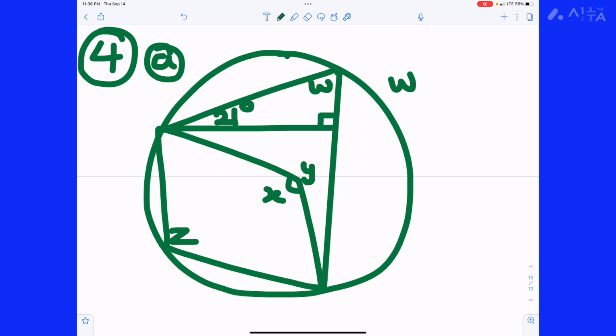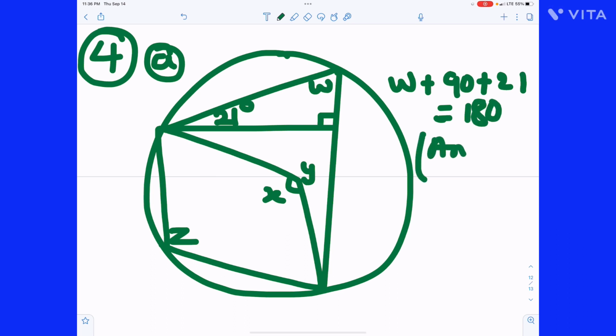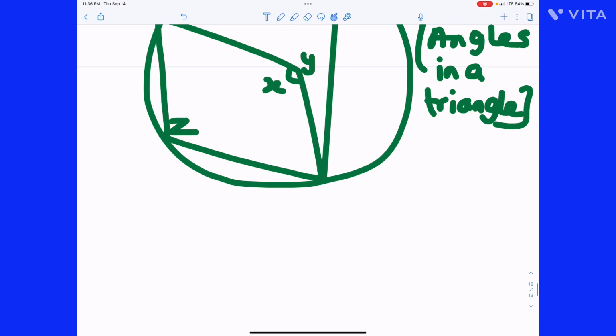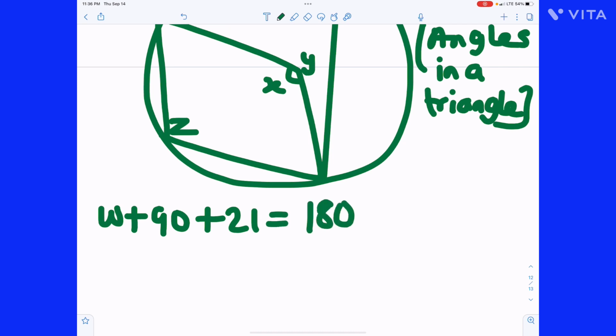So I'll do W plus 90 plus 21 is 180. What does that give me? Okay, let me write my reason first. Angles in a triangle. So that means W plus 90 plus 21 is equal to 180.